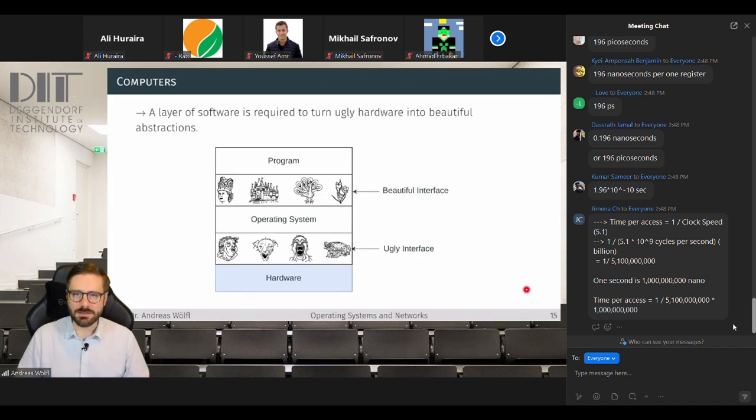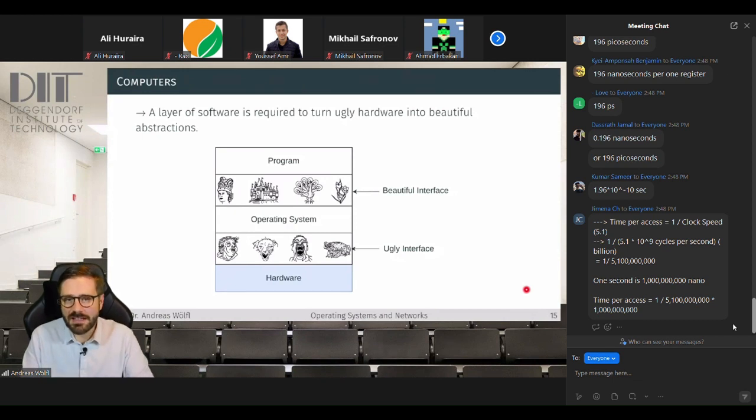So what we need is something. Oh, where's my mouse pointer? Oh, my presenter crashed. But you see the slide here. In the meantime, when I restart this, you see it in the diagram here. What we need is to hide the complexity that the hardware has by an interface that we as humans, as programmers, can use in order to work with computers and the hardware.